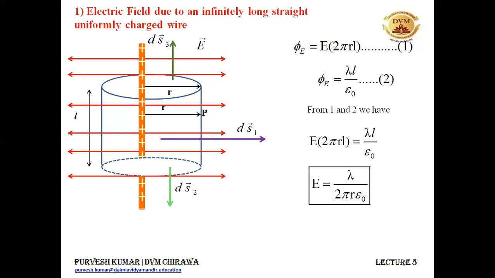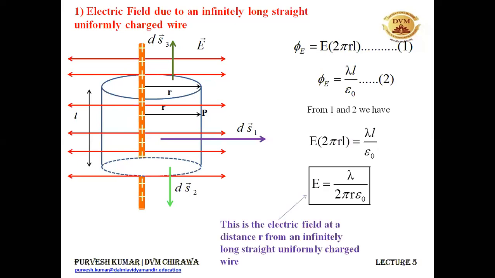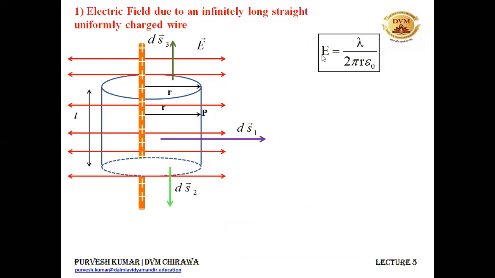Now, very quickly, we should draw one graph. This is the expression for the electric field at a distance r from an infinitely long straight uniformly charged wire. Very quickly, I should draw the graph between the electric field E and the distance r. We can see that the electric field and this distance r, the distance of the point at which we need to find the electric field, are inversely proportional to each other.